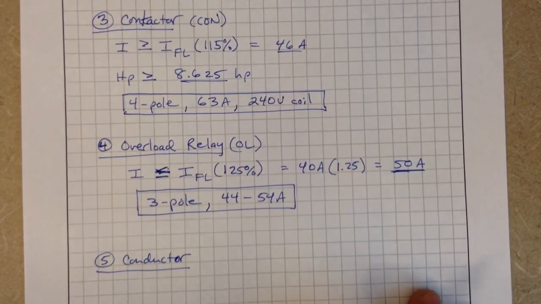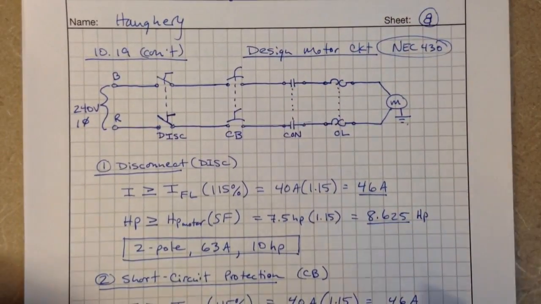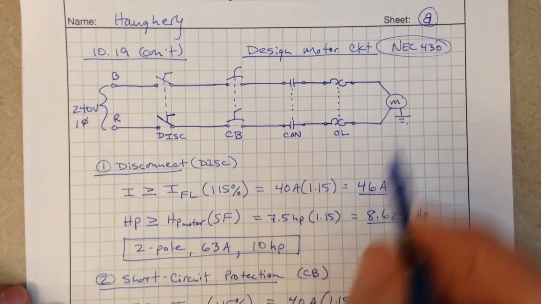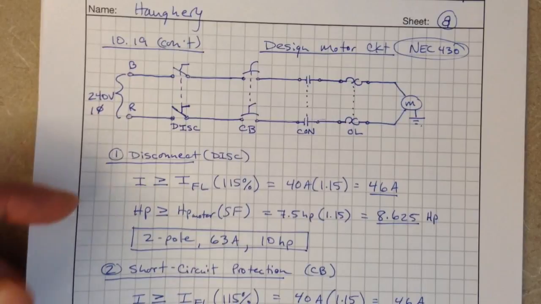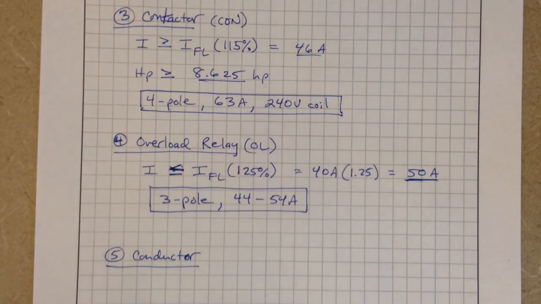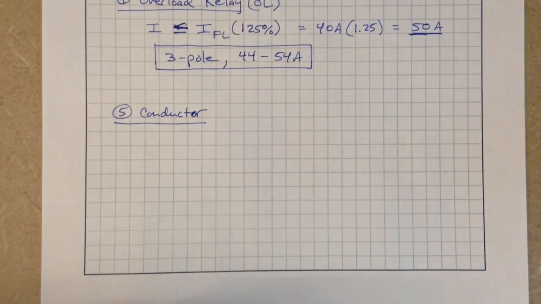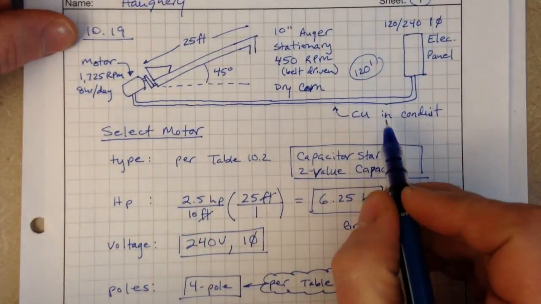So our last component, right? We've talked about all the components so far in our system: our disconnect, circuit breaker, contactor, overload, but now we're going to talk about the actual conductors, the actual wires. Going back to the original application, copper in conduit.